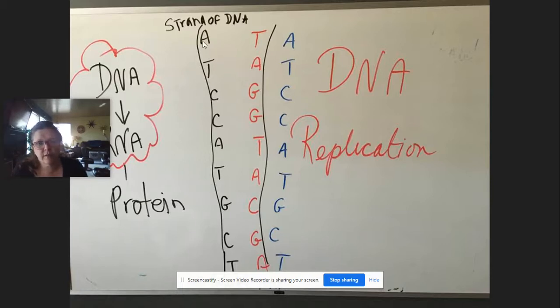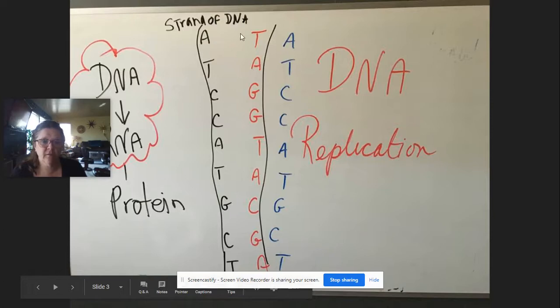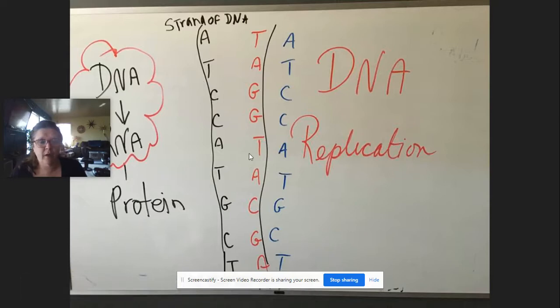So this DNA is always composed of these 4 bases, and we talked already about how they always go together. Like adenine and thymine always go together, cytosine and guanine always go together. So if this was your strand of DNA here, this would be its complementary base pairs, and together they're going to make up the DNA molecule.